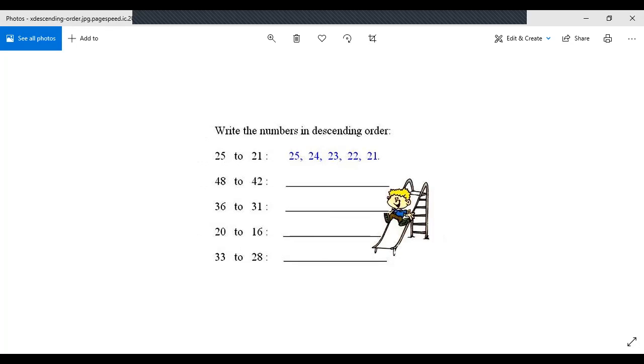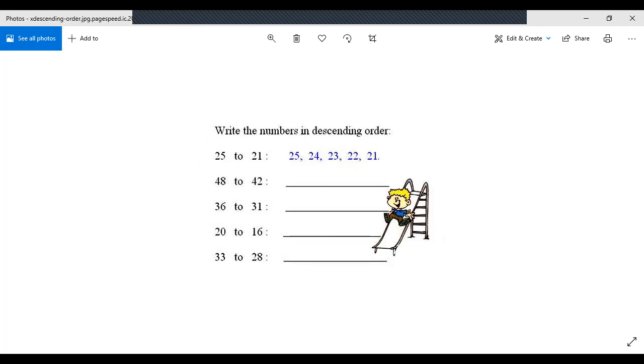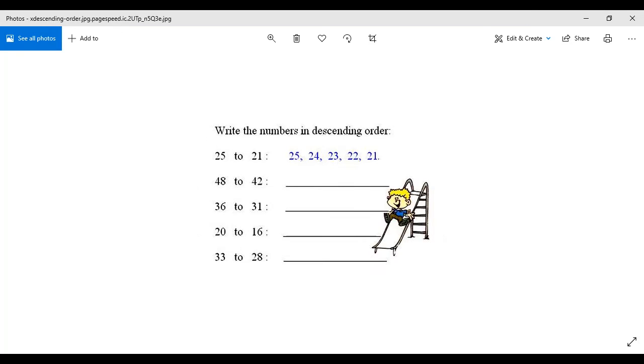And then 35 in a reverse order, then 34, 33, 32, and 31. Very well done. Okay, Sarah, you tell me about the last one, 33 to 28. From where will you start? 33. Excellent. And what would be the numbers? 33, 32, 31, 30, 29, and 28. Excellent.